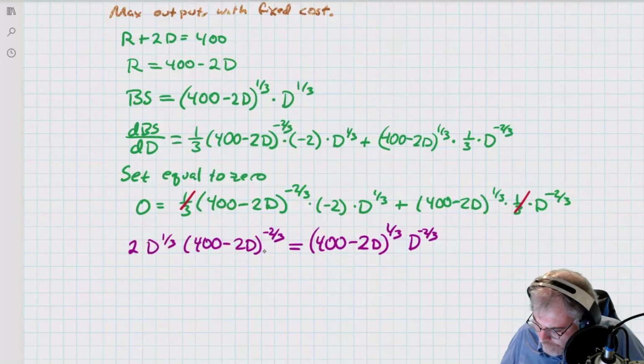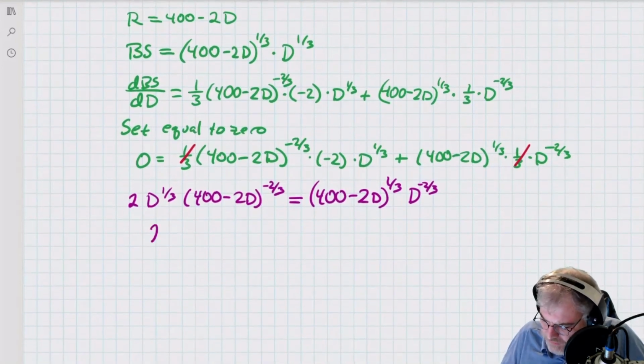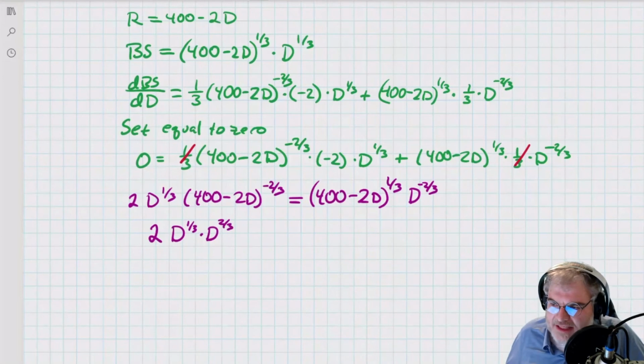So now I'm going to multiply both sides by D to the 2/3. That's going to move that D over there. And then I'm going to multiply both sides by (400 minus 2D) to the negative 2/3. And magical things happen. 2 times D to the 1/3 times D to the 2/3. Look at that. I added the exponents.